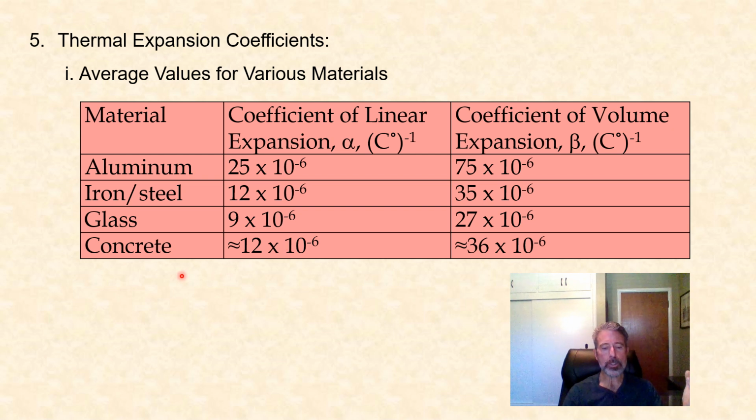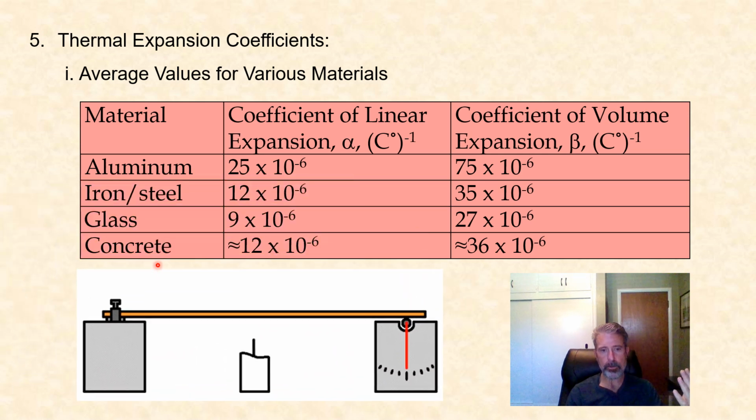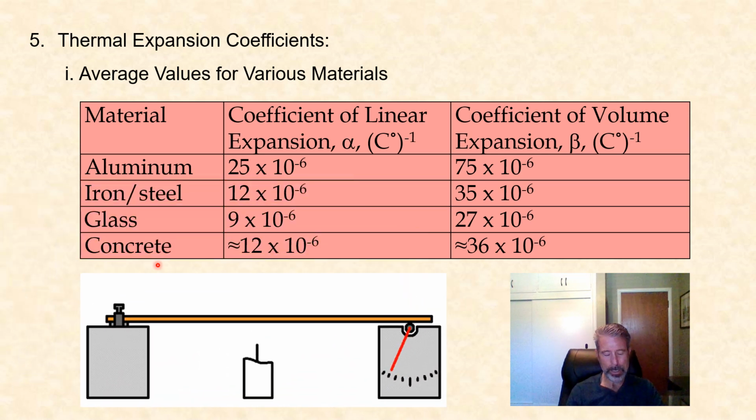Like I said, these expansion coefficients are determined empirically through experiment, and one of the labs that we do in Physics 102 is kind of what's being illustrated in this animated GIF here: you heat up a piece of metal and you can, with a sensitive instrument, measure its change in length.